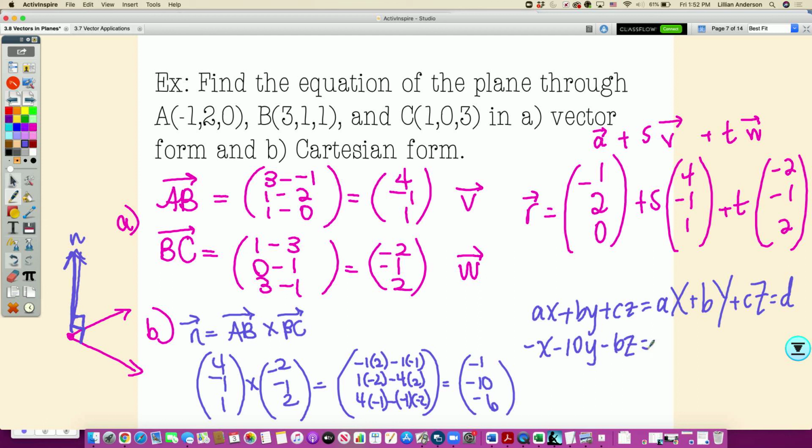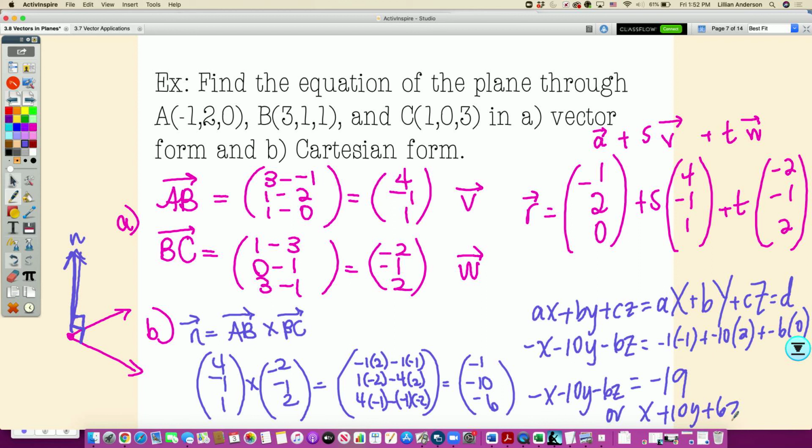So then we plug in the point A for the capital X, Y, Z. So -1 times -1 plus -10 times +2 plus -6 times 0. That's going to be equivalent to -19. And so we'll have -x minus 10y minus 6z equals -19, or x plus 10y plus 6z is equal to +19. Either one would be acceptable.